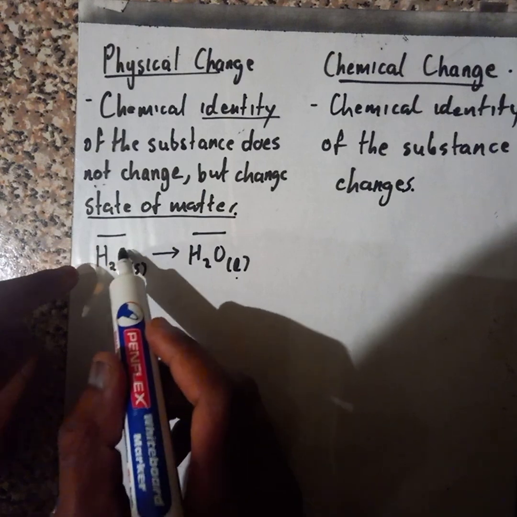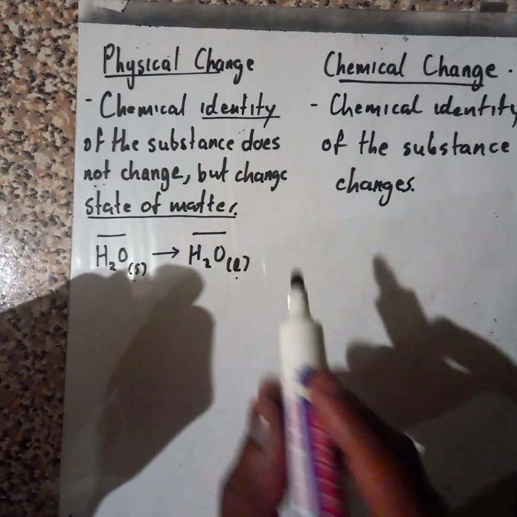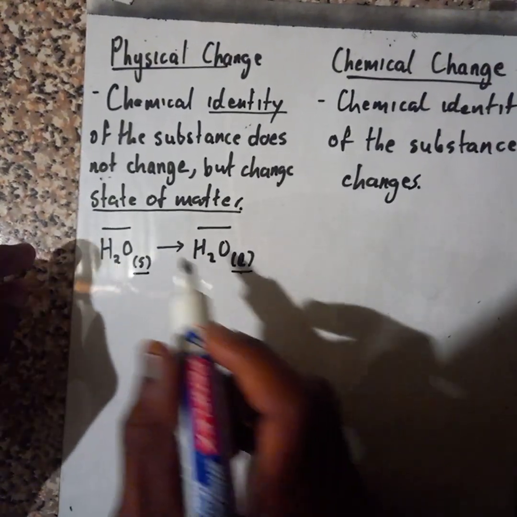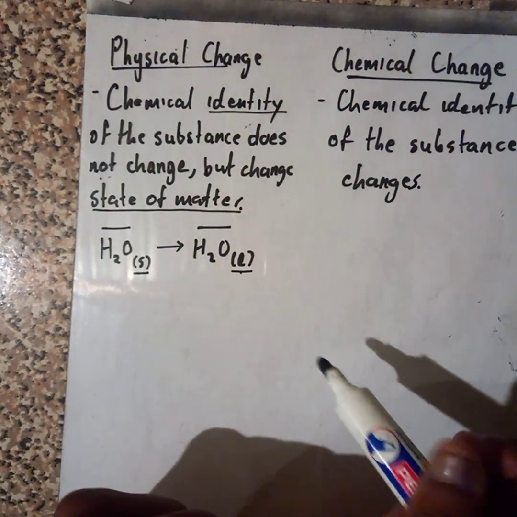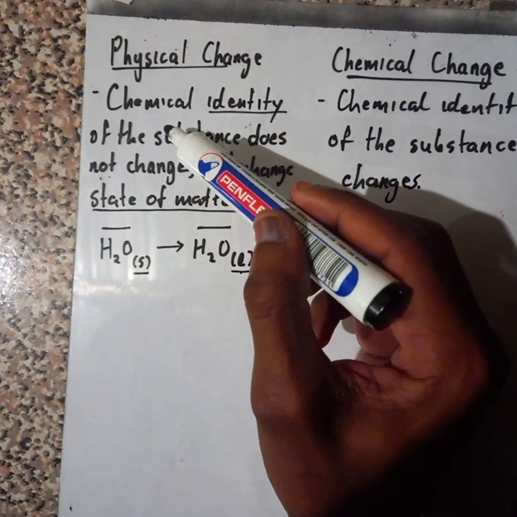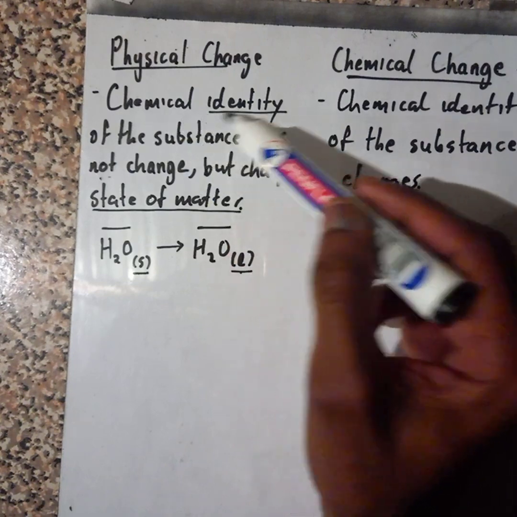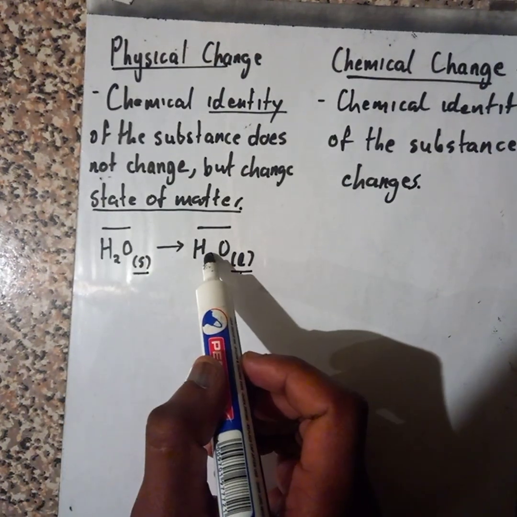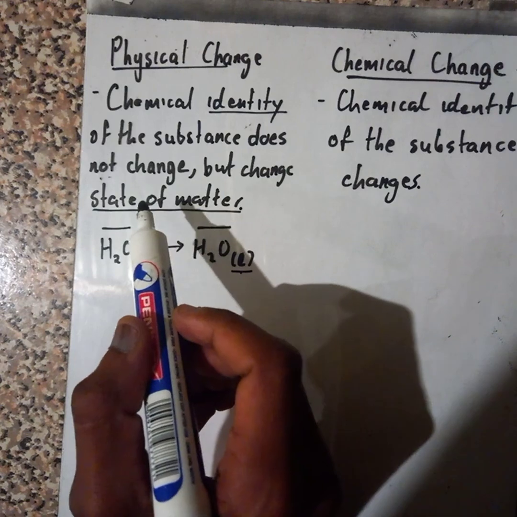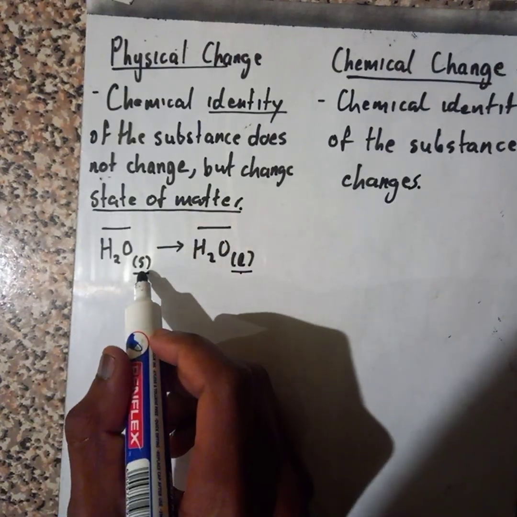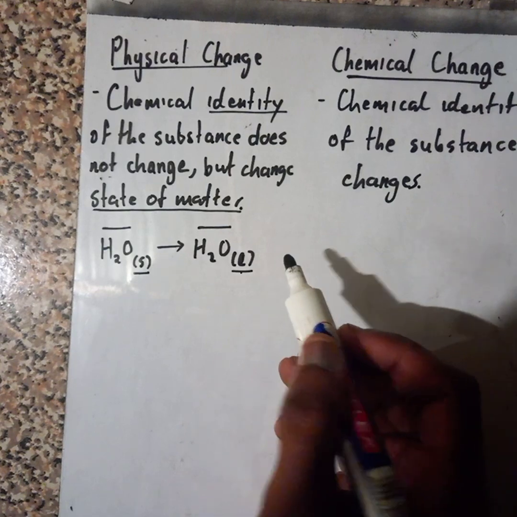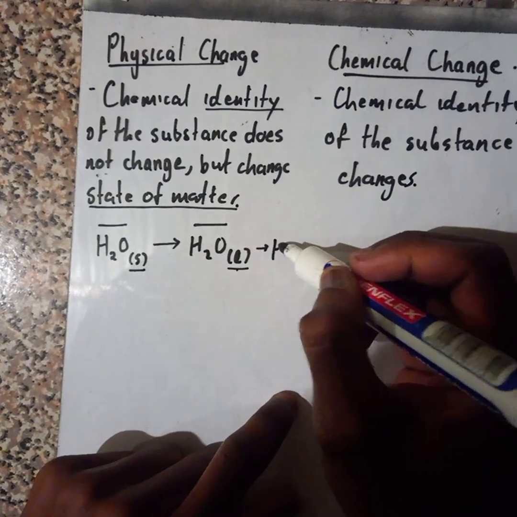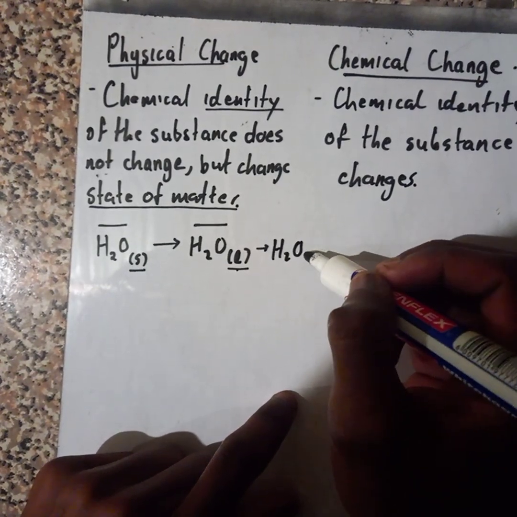We still have H2O, and this side H2O will still have it. But the only thing that has changed now is the state of matter. Hence we said that the definition is when the chemical identity of a substance does not change, which is H2O, still the same in both, but the state of matter changes from solid to liquid, or even more, from liquid to gas.